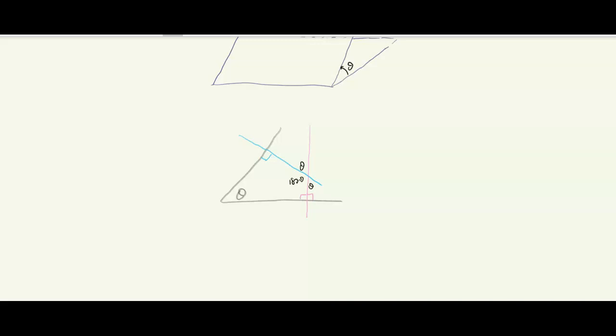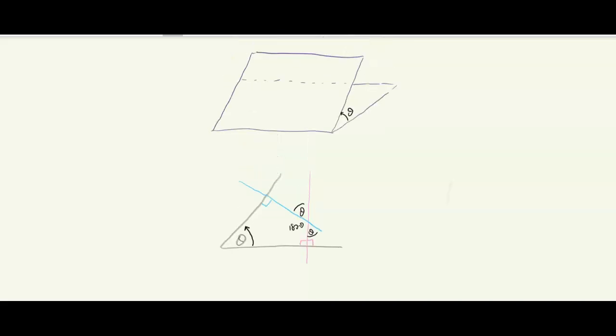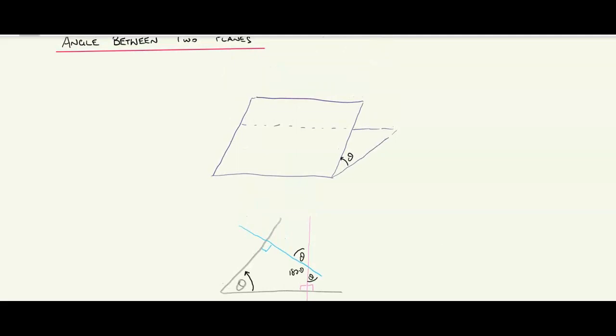So what I have is the angle between the two planes is equal to the angle between the two normals to the planes. So if we can now go back to our planes and extract our normal vectors to those planes, then we will be in business.